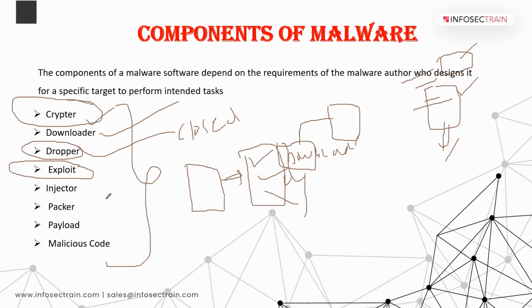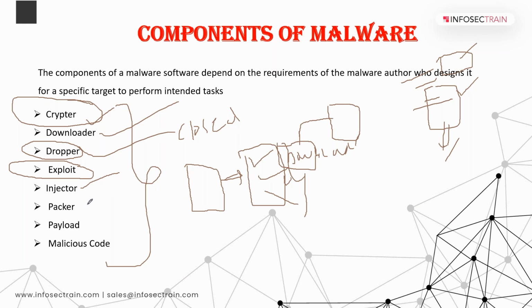Next, injector. What is meant by injector? This program injects exploits or malicious code available in the malware into other vulnerable running processes. So the injector will be injecting the malicious code from the available malware. It changes the method of execution to hide, in order to prevent removal.